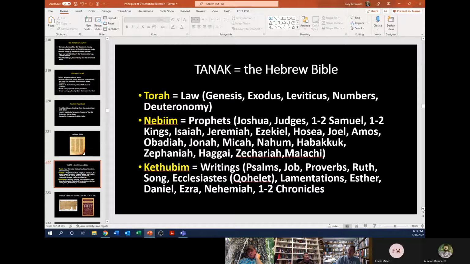They already dealt with the Torah in their first class, but they've been focusing on Samuel right now. So you have the Torah, Nevi'im, and Ketuvim, the law, the prophets, and the writings. We call this the Tanakh. As you know, 22 books in the Hebrew Bible equals the 39 books in our English Old Testament.